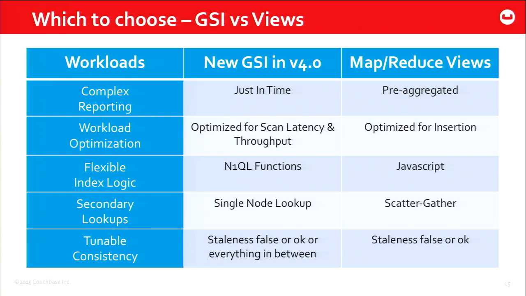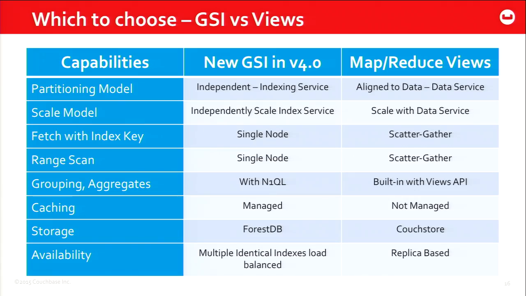It's built to be exactly this type of an index. And the tunable consistency argument, we talked about that. That flexibility does not exist on views. Views will default to stale equals false. But GSI can do a lot more in terms of consistency settings, and we'll come up with an example.